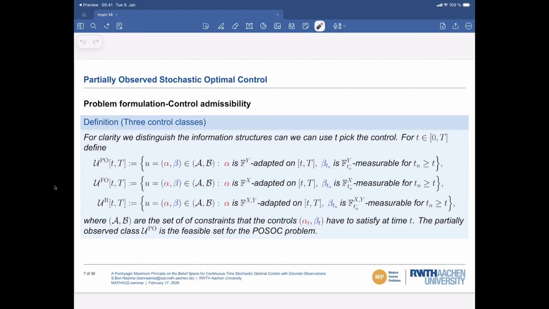You observe X and then you just apply a function alpha of X. Or you can have mixed strategies, where you add some randomization by bringing in a random variable and using it in making the control. This is the class of randomized controls defined by X and Y. We will see later why we consider it randomized if it's related to this filtration.